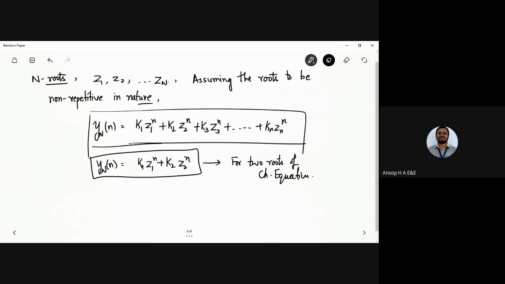So once the roots are real and distinct and non-repetitive in nature, I can write the natural response in such a way that I'll be having the roots of the characteristic equation written like this.